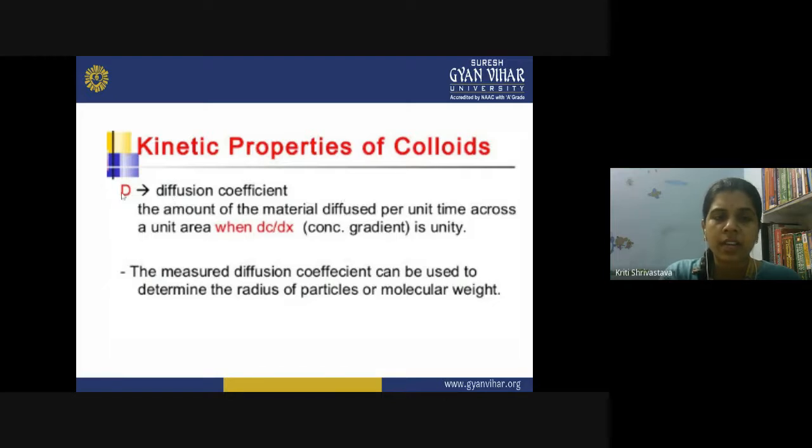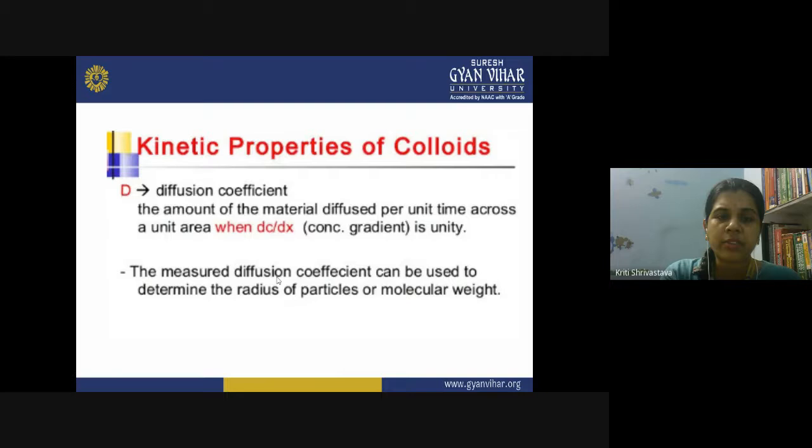How can we define it? It is the amount of material diffused per unit time across a unit area when dc upon dx, the concentration gradient, is unity. So when the concentration gradient, the time and the area are all unity, the amount of material diffused will be my diffusion coefficient.